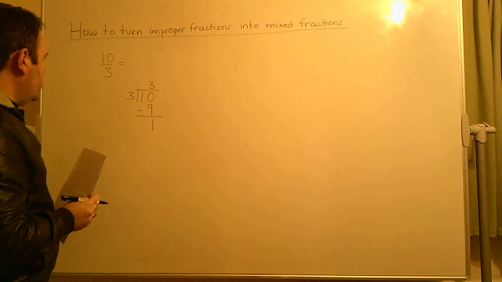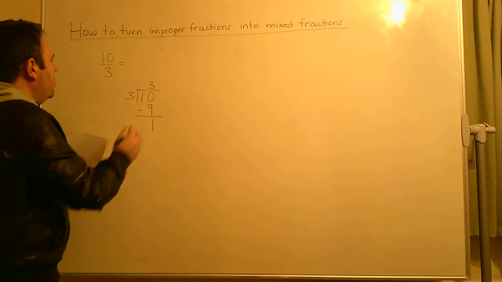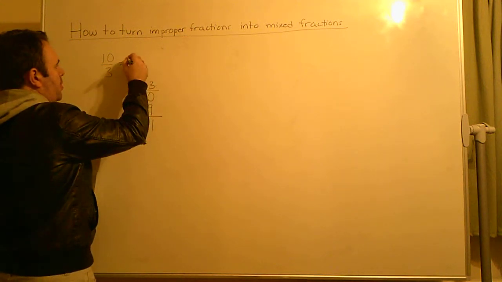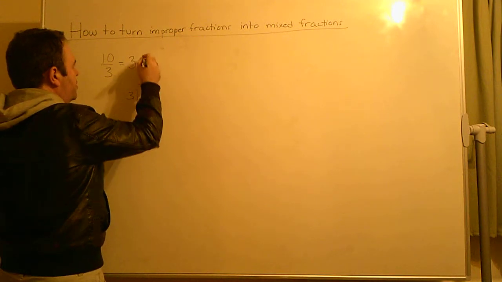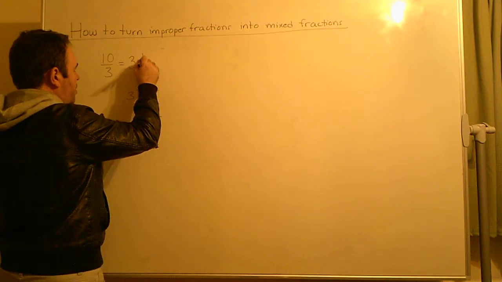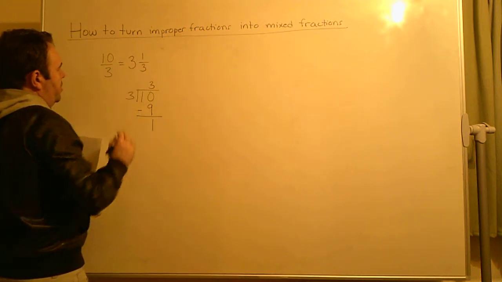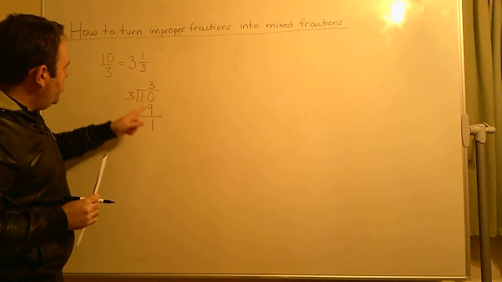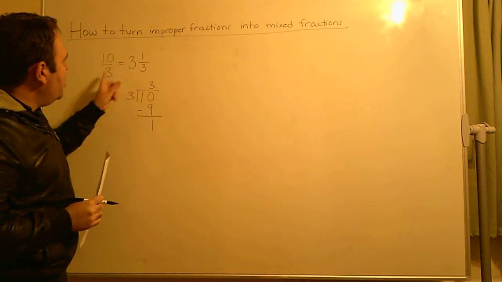Okay, so to write this down as a mixed fraction, we take this 3, that is the integer here, this is the remainder, which we write down here, and then this denominator goes here, yeah? So we take the integer and we put it here, we take the remainder and we put it up here, and then we keep the same denominator.